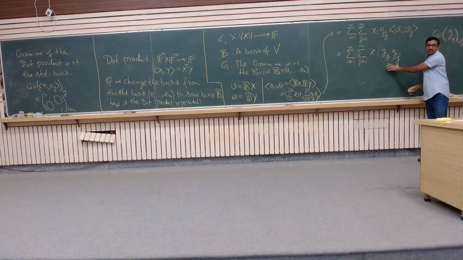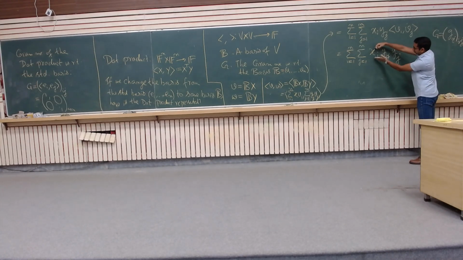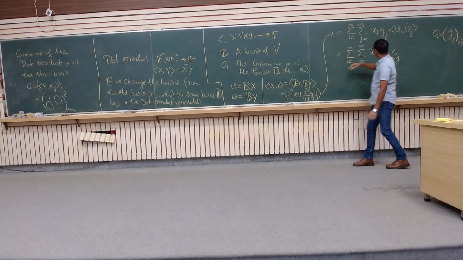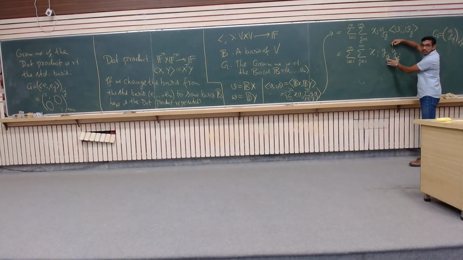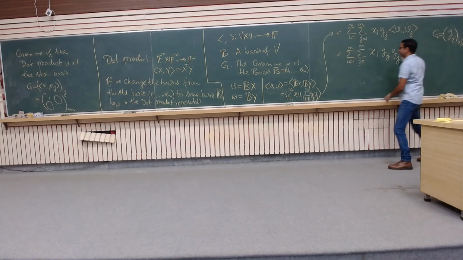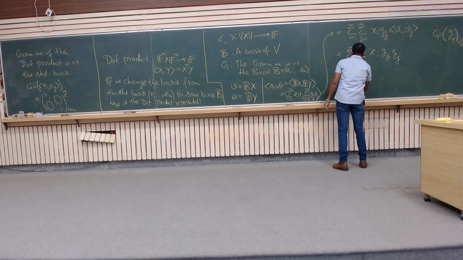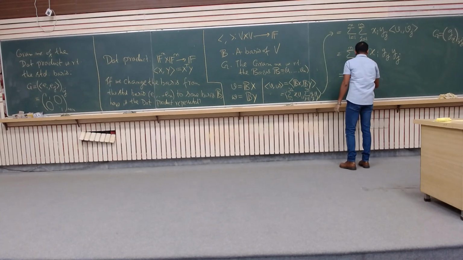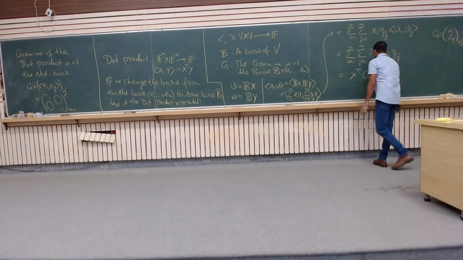And what is this? This is just you are multiplying with the transpose of x from the left, the gram matrix, and here you have the column vector given by y. Okay. So this is nothing but x transpose G y.